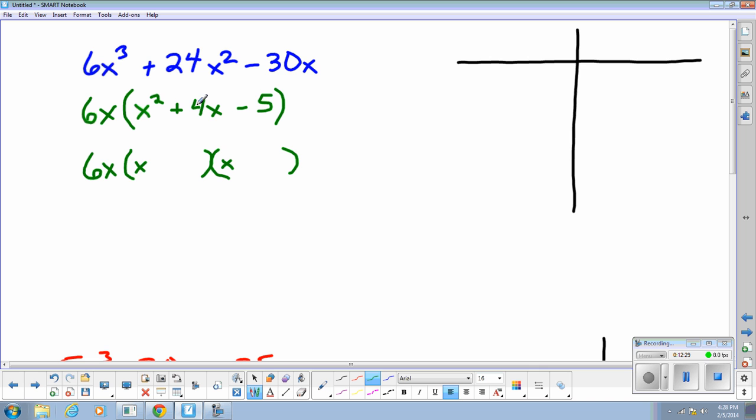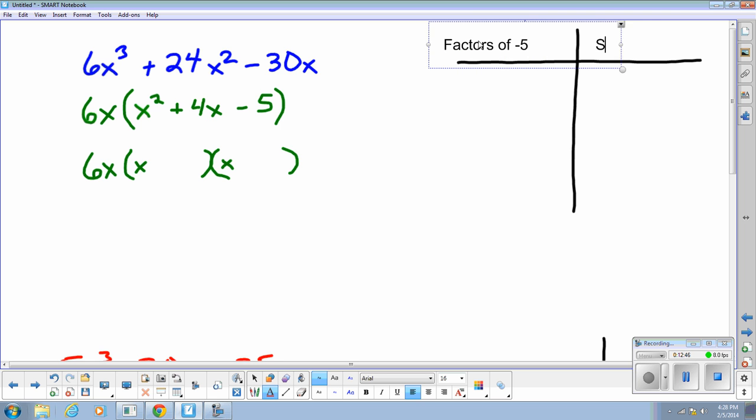Now I have to add up to a positive number, and I have to have a multiplication that gives me a negative. In order to have a multiplication that gives me a negative, I will need factors of -5 that have a sum of +4. In other words, what I'm looking for is one factor will be positive, one factor will be negative, and I have to have a positive answer.